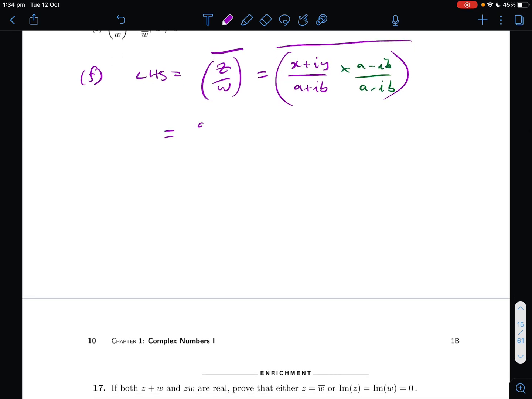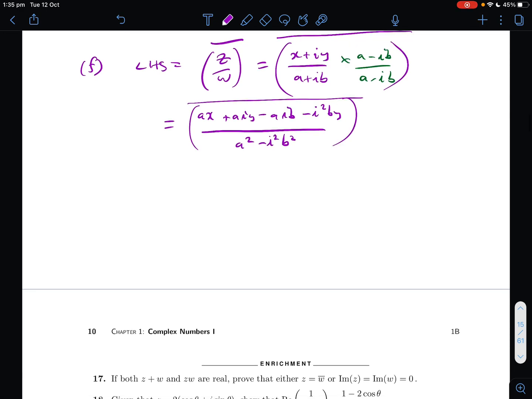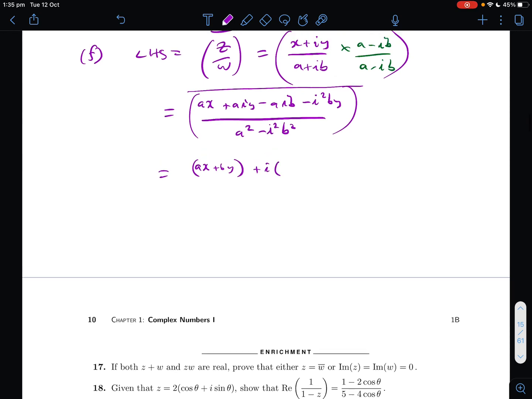Okay, so then we've got ax plus aiy minus aib minus i squared by, all over a squared minus i squared b squared, and then we're still finding the conjugate of that whole number, and so that's ax plus by plus i times ab minus ab.